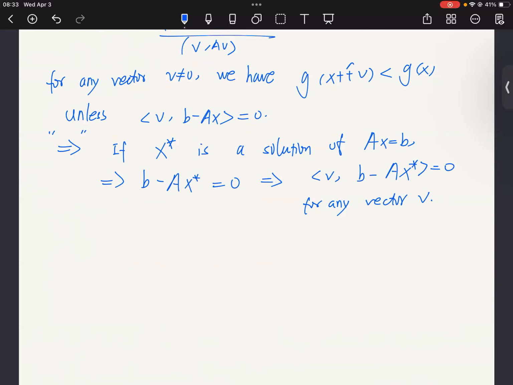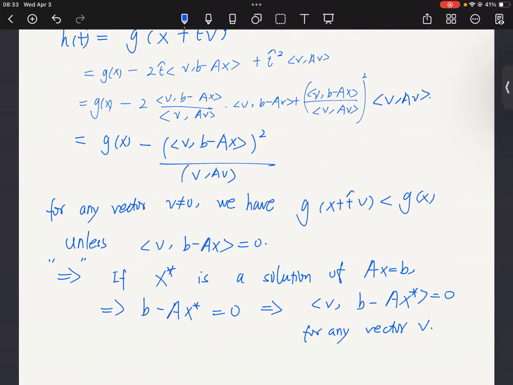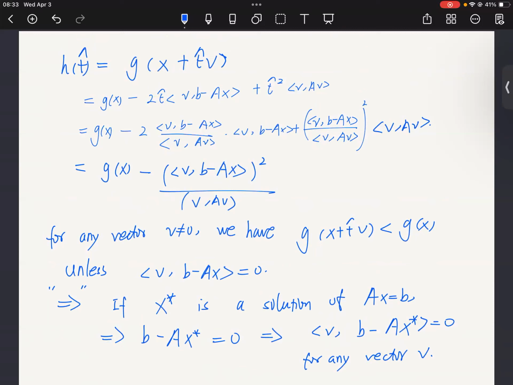And now by the functions here, this means that g(x plus t hat v) equals g(x) minus v(b minus Ax). I just summarize all the things here.